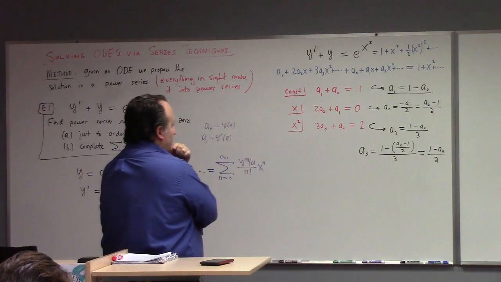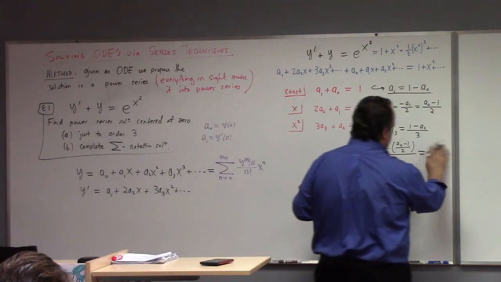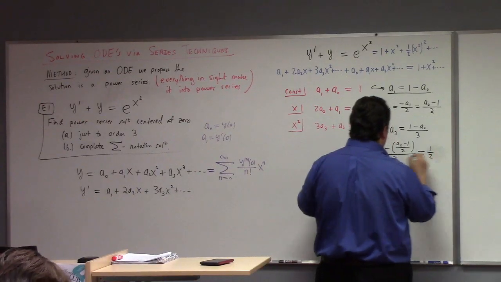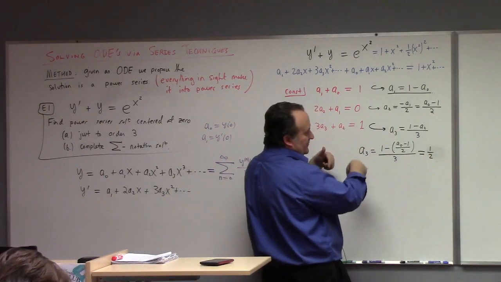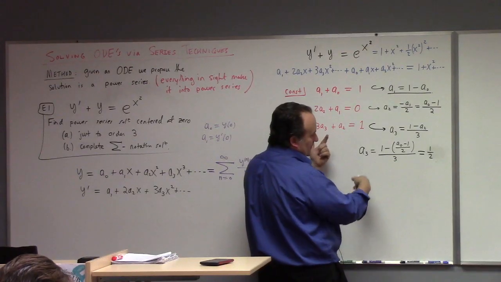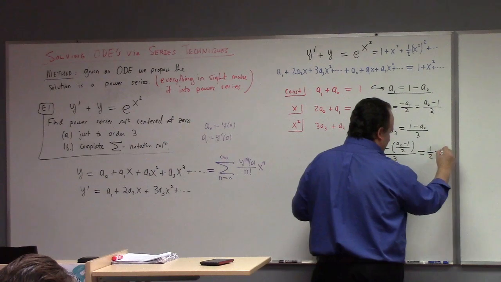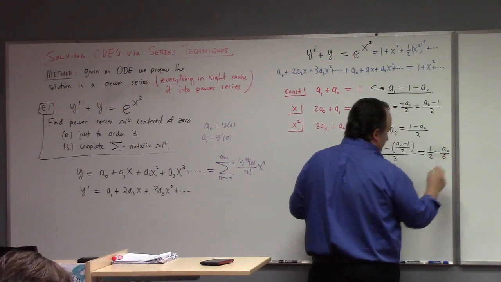That might be wrong. Yeah, that's wrong. It's 1/2. I think there's a net of a half there, right? Because the top gives you 3/2, but 3/3 over 3 is 1/2. But then you've got minus a sub 0 divided by 3, which is minus a sub 0 over 6.